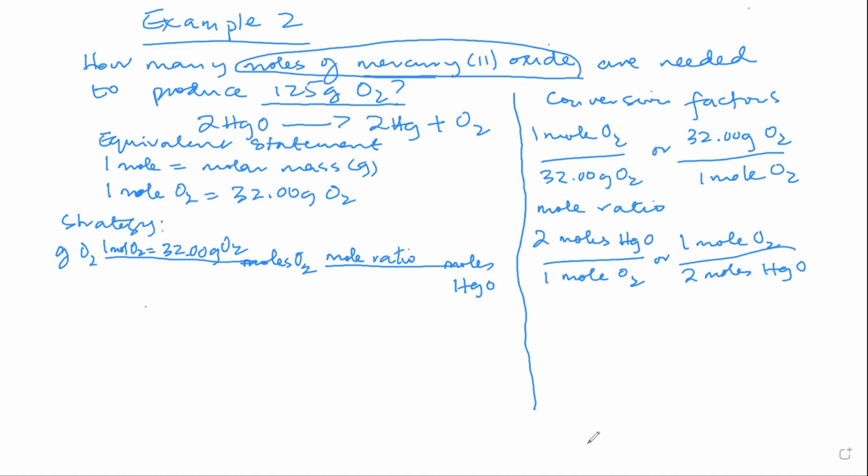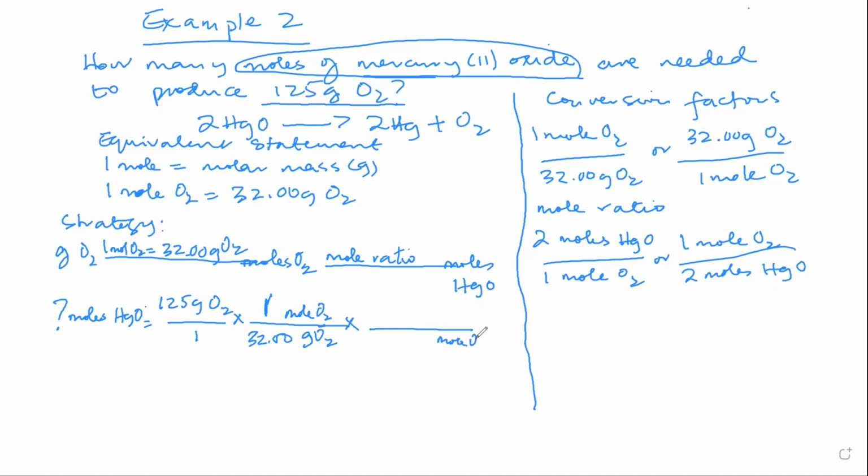Now we set it up. We want to solve for moles of mercury oxide, which is 125 grams of oxygen over 1, times the conversion factor, 1 mole of oxygen on top over 32.00 grams of oxygen, times the mole ratio, 2 moles of HgO to 1 mole of oxygen.